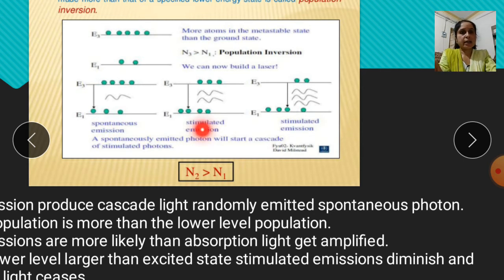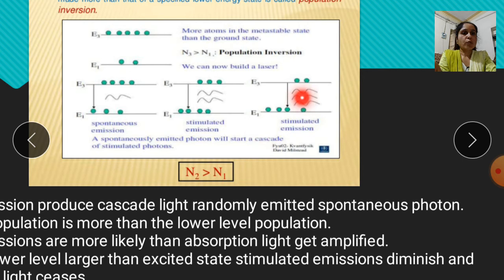So see in this second figure, stimulated emission takes place. Excited state atoms suddenly go downward to the ground state. One or more atoms can be produced in that stimulated emission process. Third is also a stimulated emission process. Two atoms present in the excited state go downward to the ground state level.